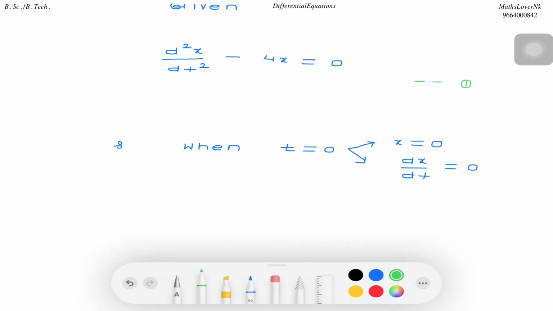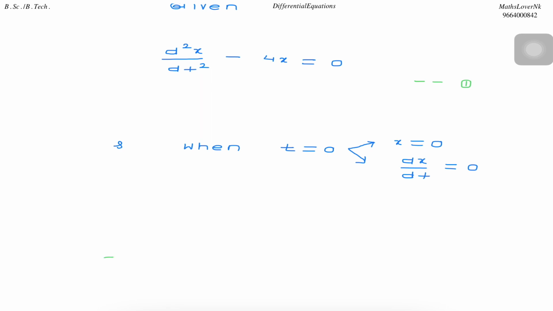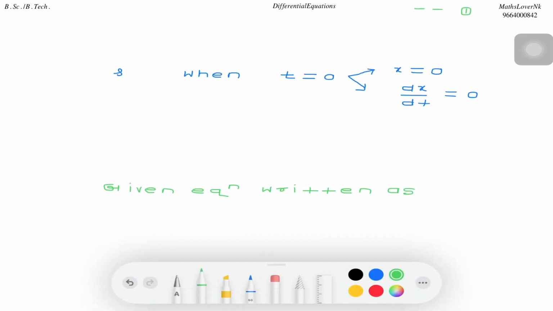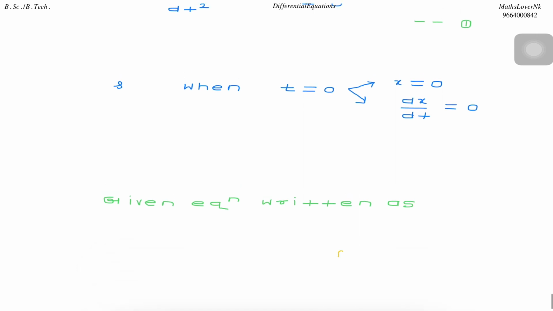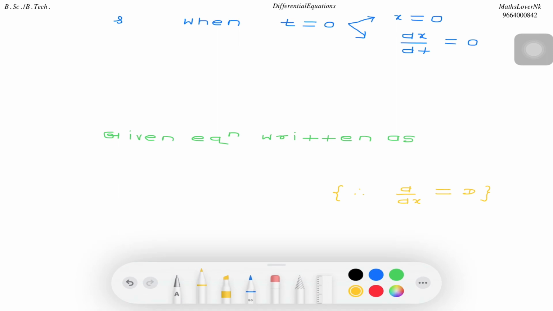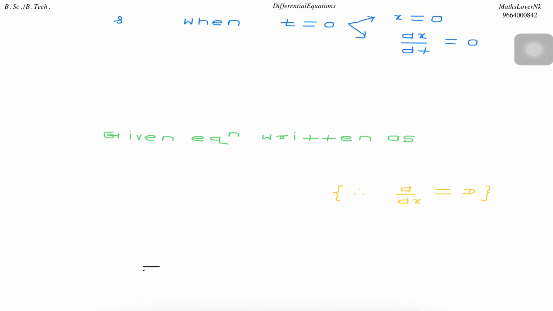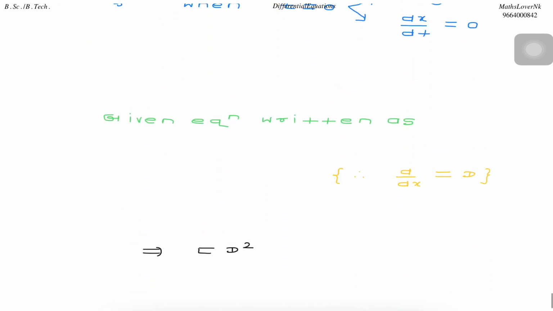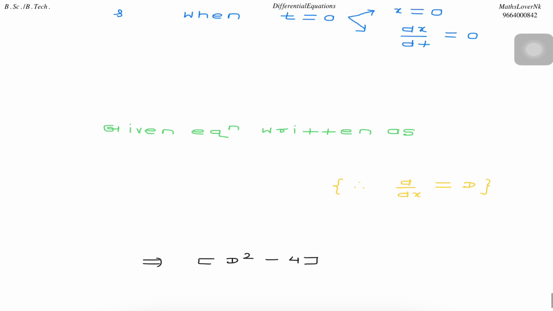Now the given equation can be written as: d by dx is equal to capital D, then it becomes capital D square minus 4 into x is equal to 0.